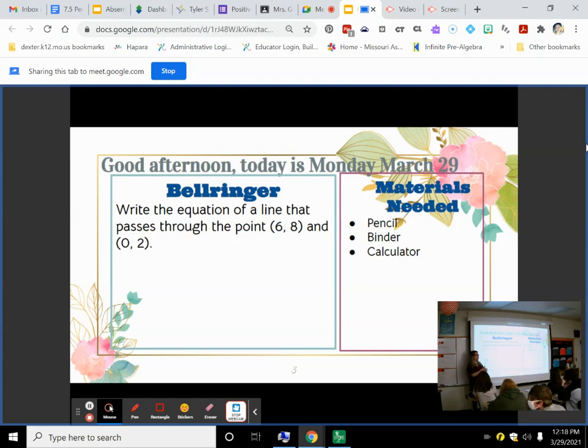A term is like 2x squared, or 3x, or 7, or 2xy. Those are all terms. And then you can add those together, and that's polynomials. All right, so getting to our notes.